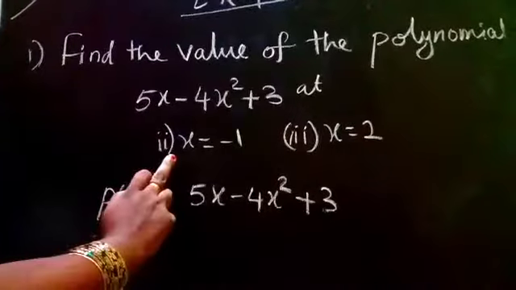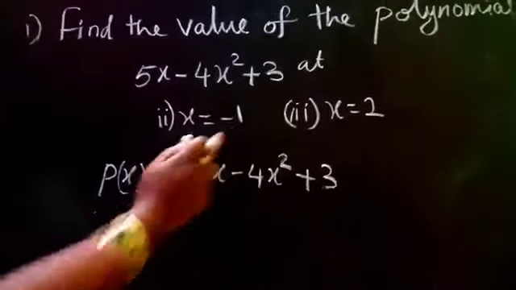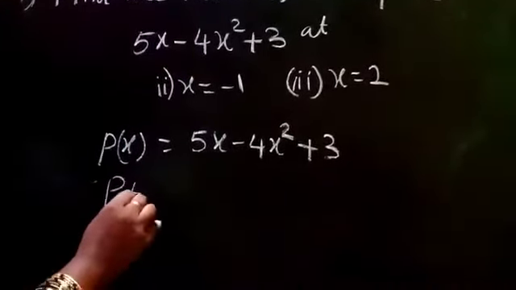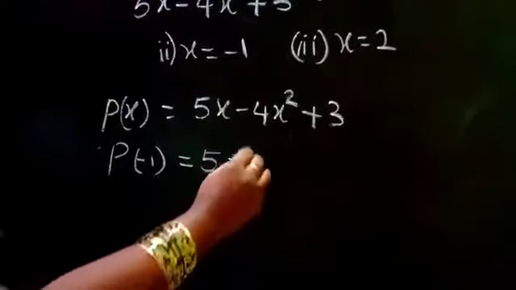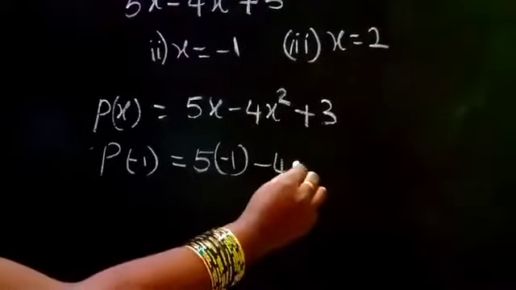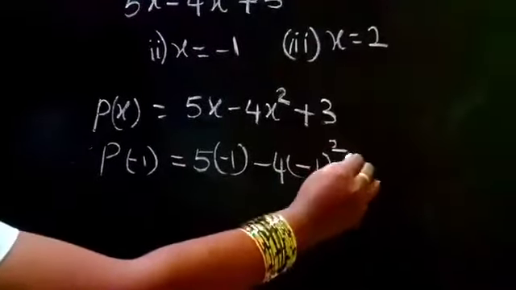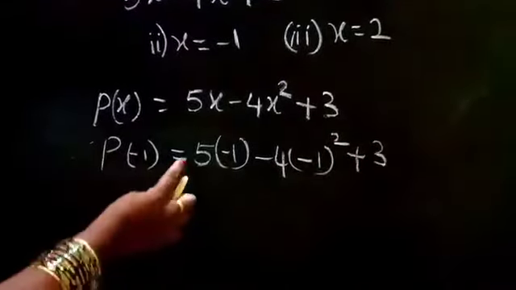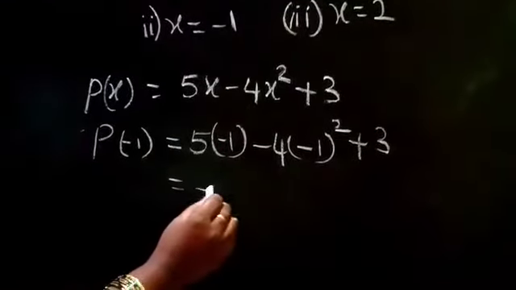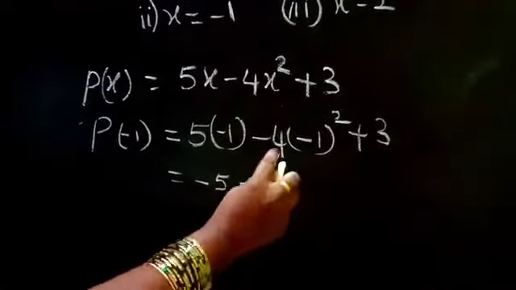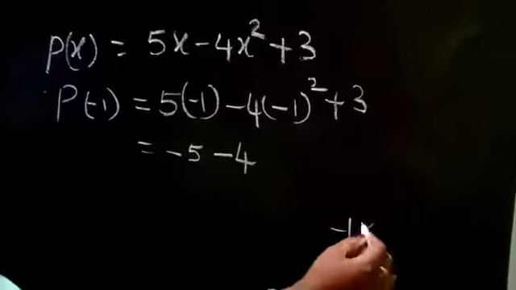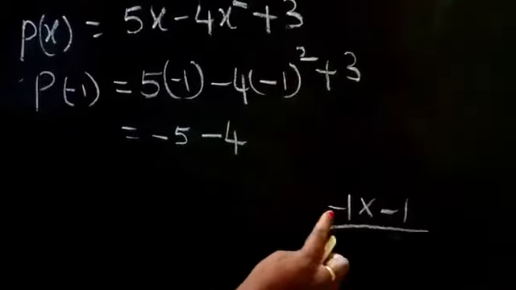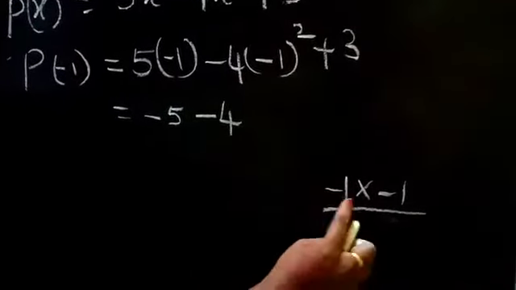Now we are going to apply the second one, x equal to minus 1. So in the x place we apply minus 1: 5 into minus 1 minus 4 into minus 1 the whole square plus 3. Plus into minus gives minus 5. Here minus 4 we have, and minus 1 the whole square will be plus 1, because minus 1 we have to multiply 2 times. Minus into minus is plus, 1 into 1 is 1.